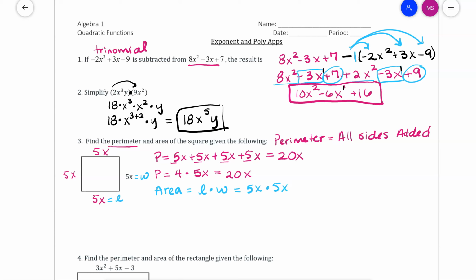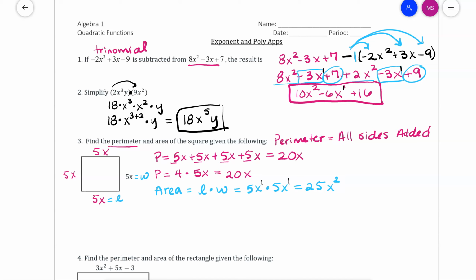So that gives us exponent rules. We multiply the numbers. 5 times 5 is 25. Then you have x times x. So you're adding the exponents here, because your operation's multiplication. So x is your base, 2 is going to be your exponent, because 1 plus 1 is 2.